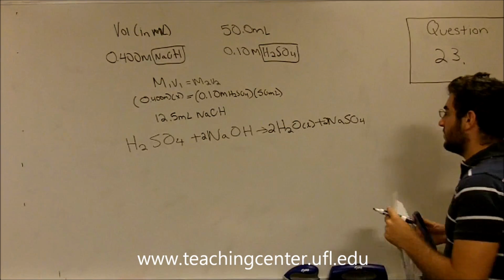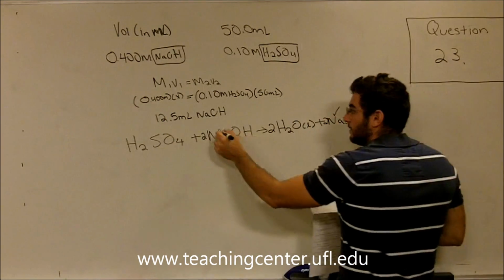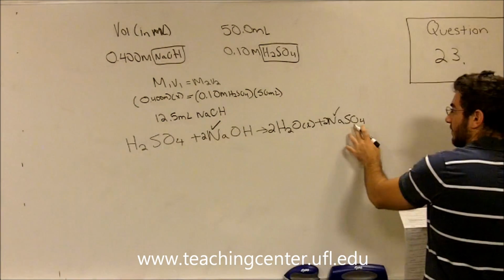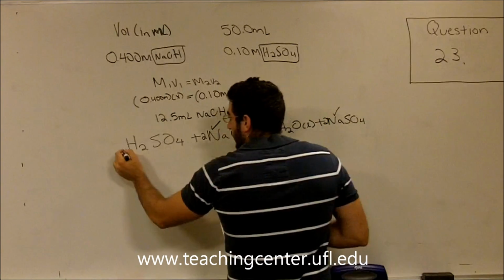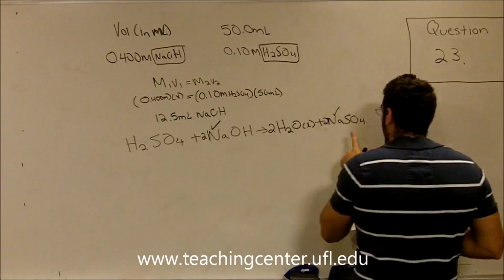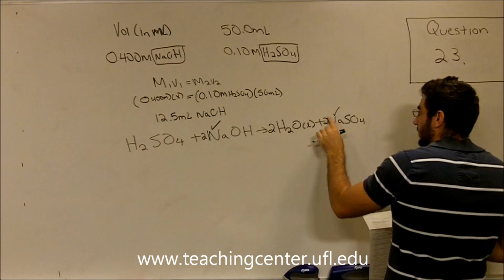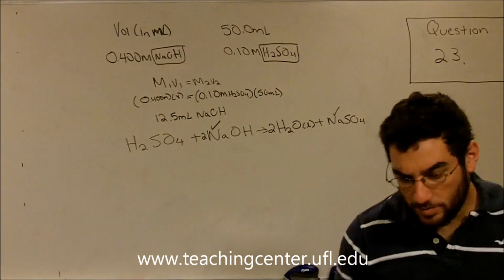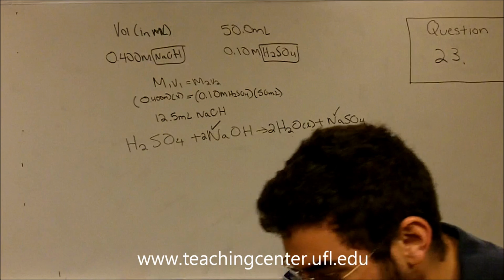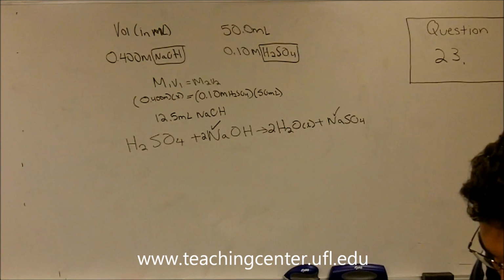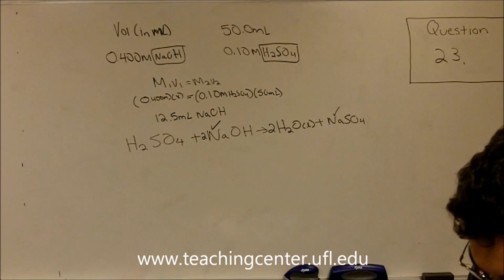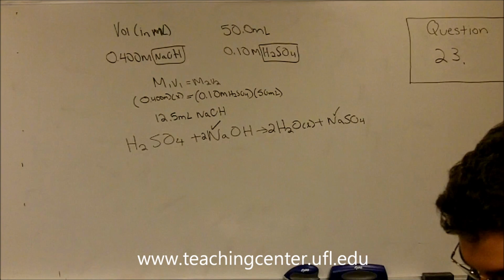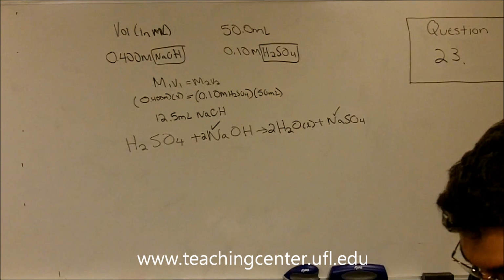So we have 2 sodiums and 2 sodiums. We have 2 sulfates here. But wait, we know actually that sodium sulfate, if we look at our periodic table, we have to look at how sodium and sulfate combine, because sodium is an alkali metal, while sulfate is SO4 2-.